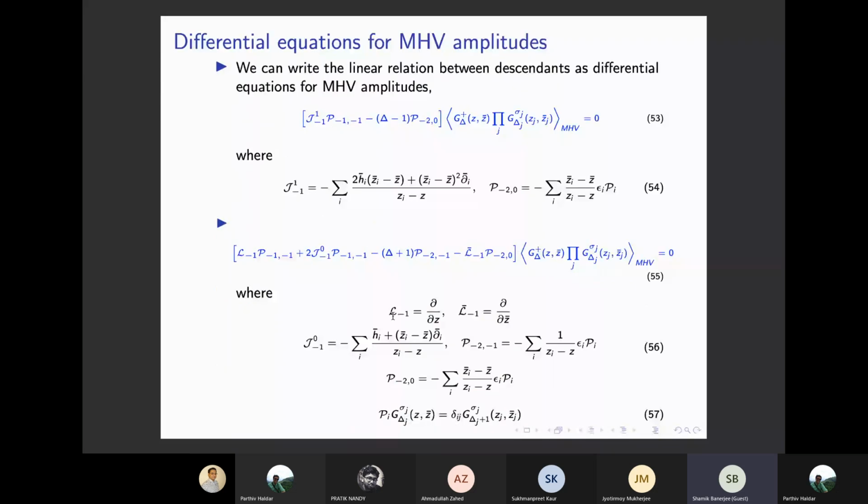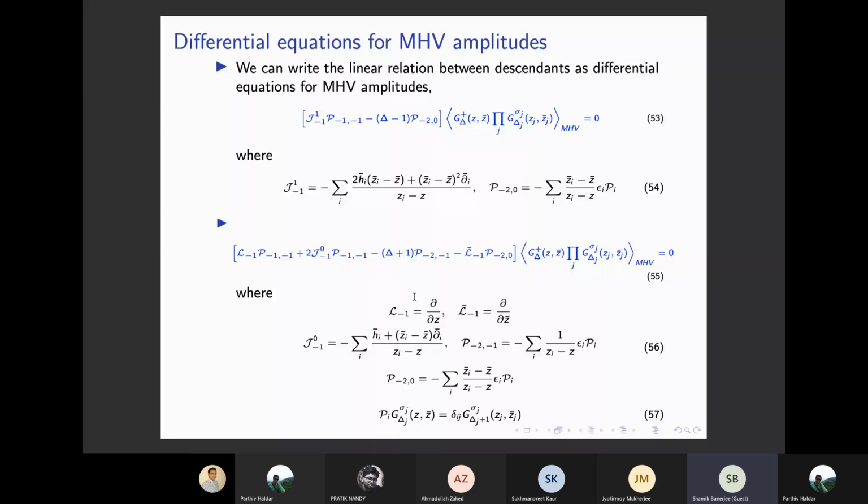So this second one gets translated into this. Here L minus 1 is del del z, L bar minus 1 is del del z bar, and J naught minus 1, P minus 2 comma minus 1, and P minus 2 comma 0. Those we already know. Those were the things that I have already talked about.